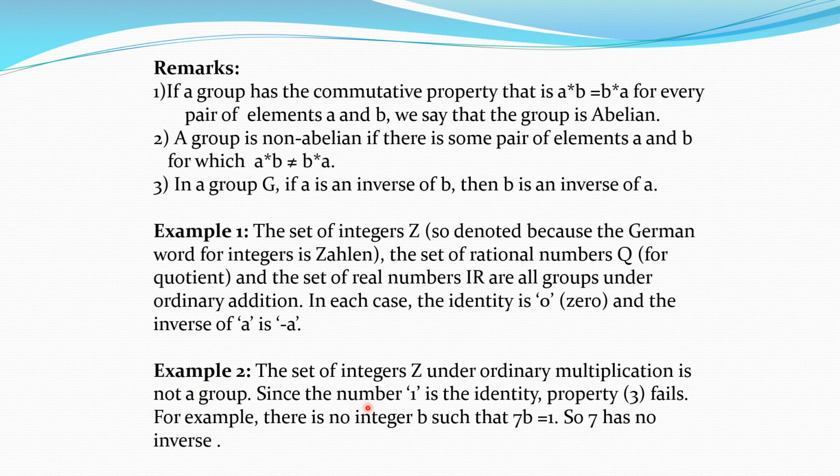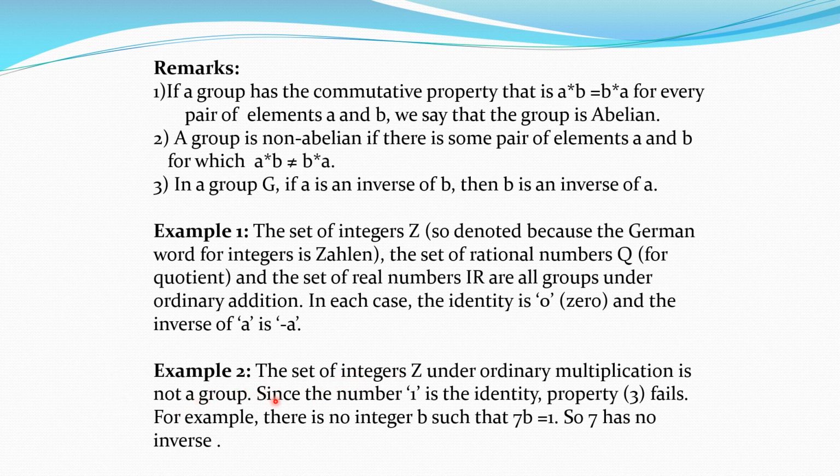To show that some set is a group, it must satisfy all four properties. But if one of the properties fails, then immediately we can say that it is not a group, and the remaining properties we can skip. Here the set Z under multiplication is not a group.